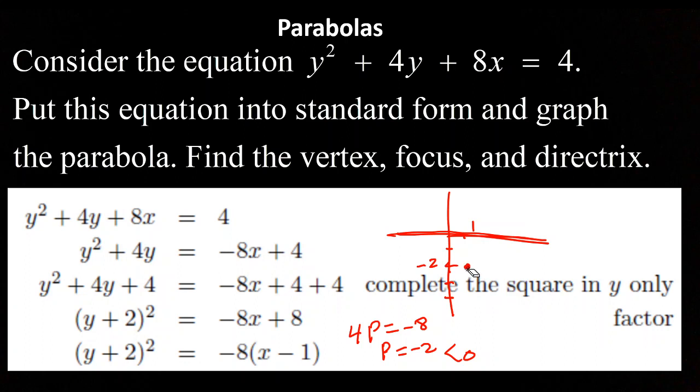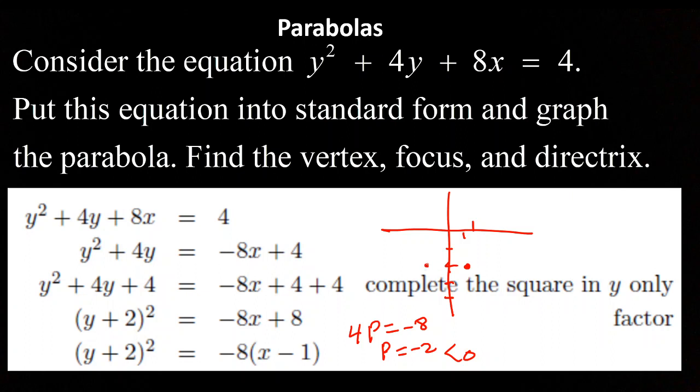So this is the vertex. In order to find the focus, this opens to the left because p is negative, so it's this way. So the focus is this way. We go 2 units to the left, and we get to this point right here.